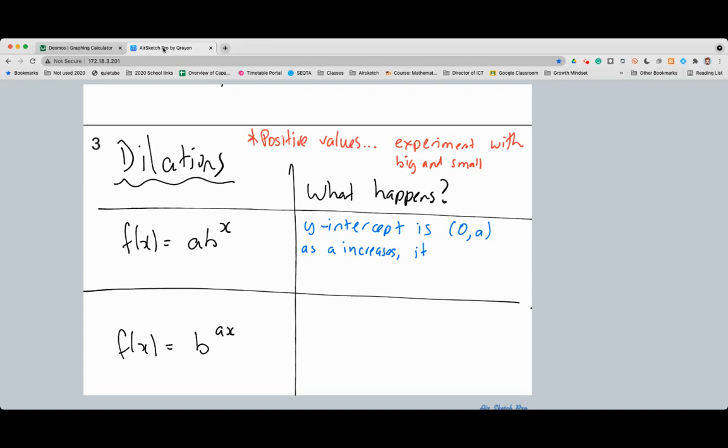As a increases, it stretches away from the y-axis. I do not have enough room here to write this properly. As a increases, it stretches away from the y-axis. If a is less than 1, it shrinks towards it.